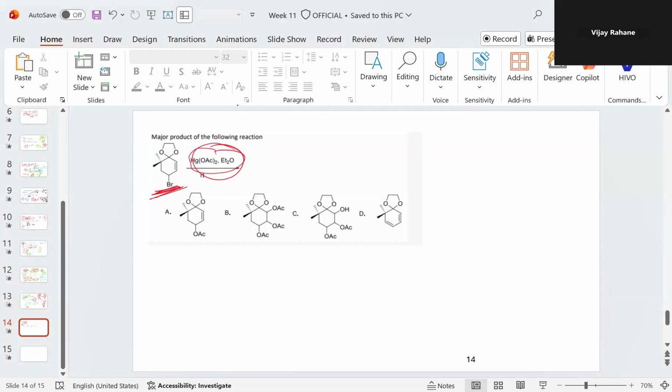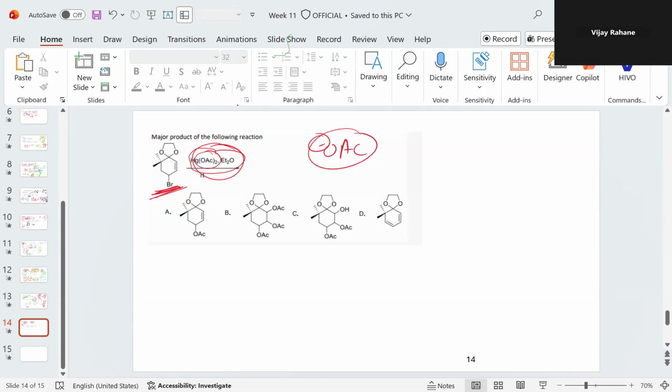In this case, this is the source of OAc negative, right? So what is the correct answer here?